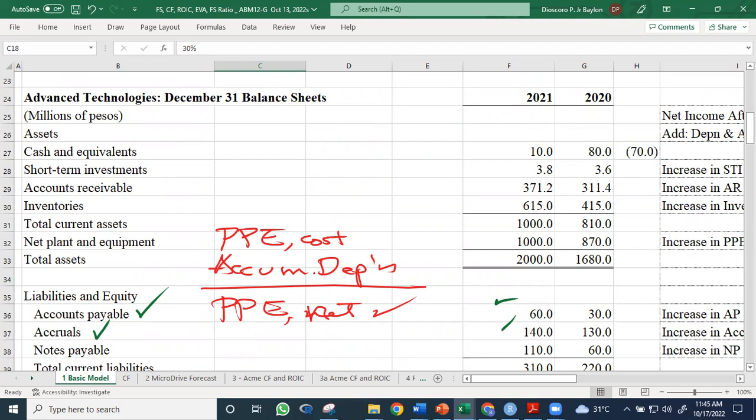Class, did we give a name to the tax rate? Ay, hindi. Are you sure, class?